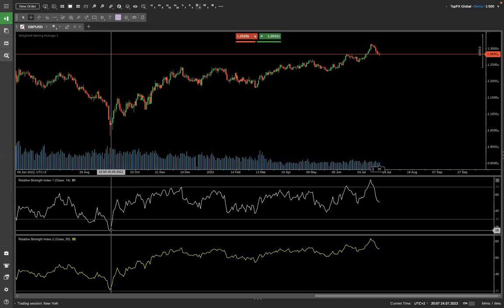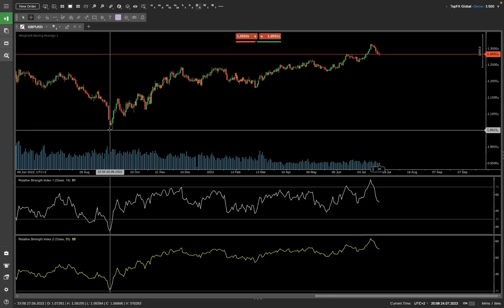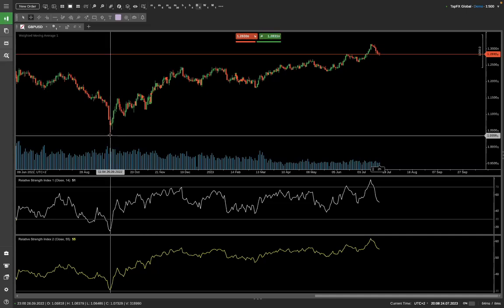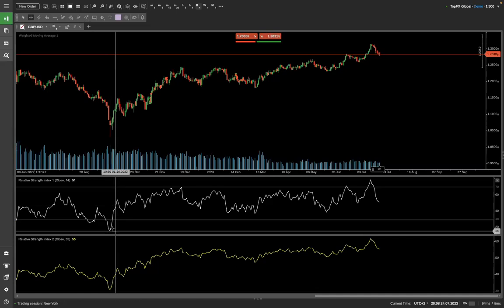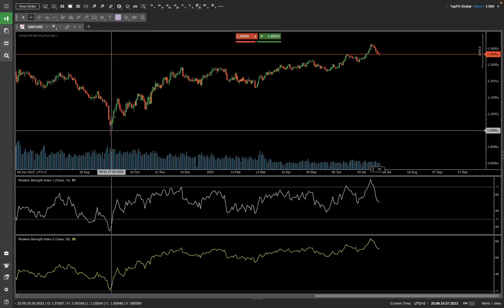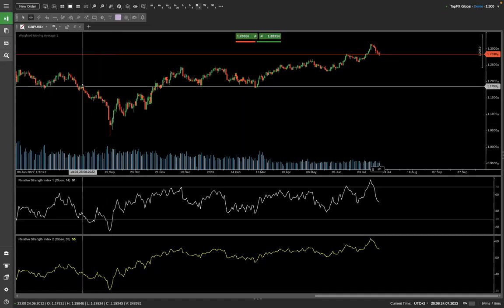So that's extremely oversold, right? And what the actual meaning of that is that the price of the cable at the level of 1.0356 is extremely oversold compared to the 14 periods back, for example.